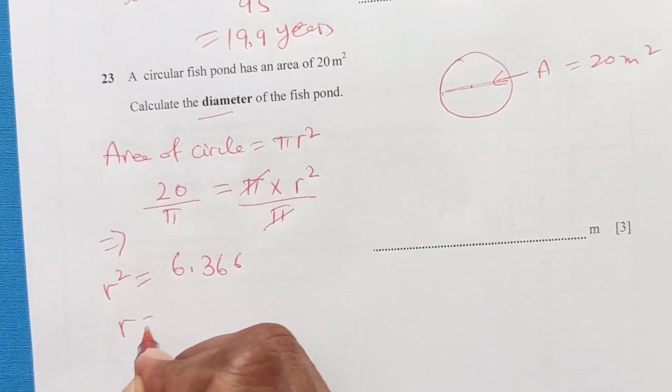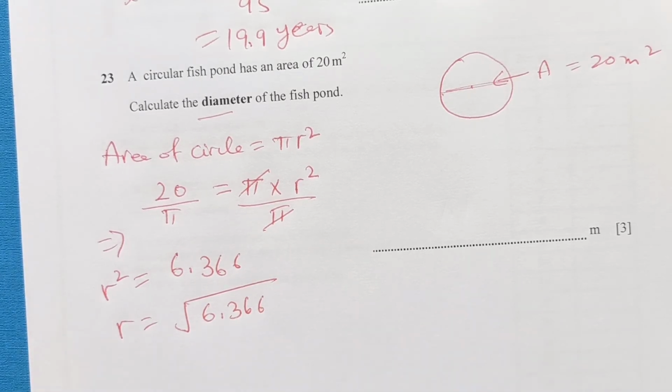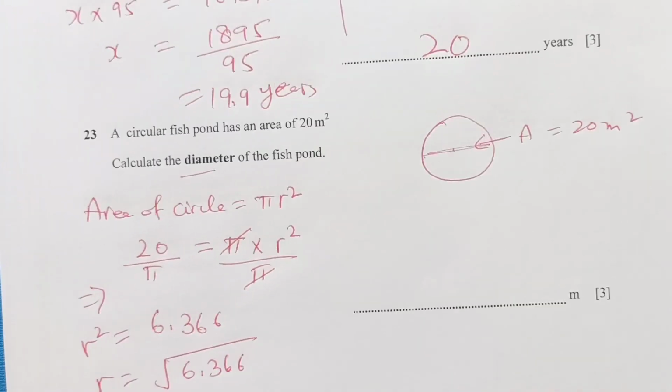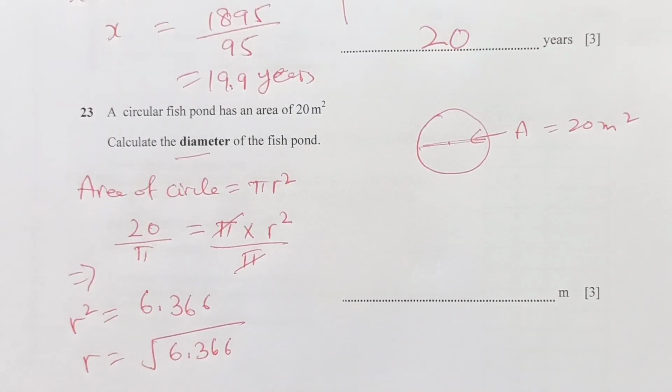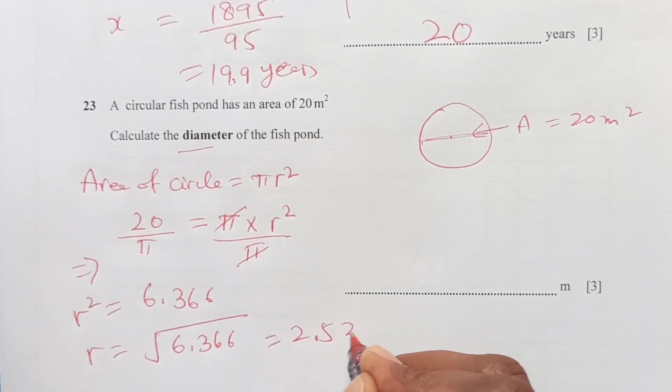Okay. So r will be the square root of 6.366. The square root of 6.366 is 2.521, right?